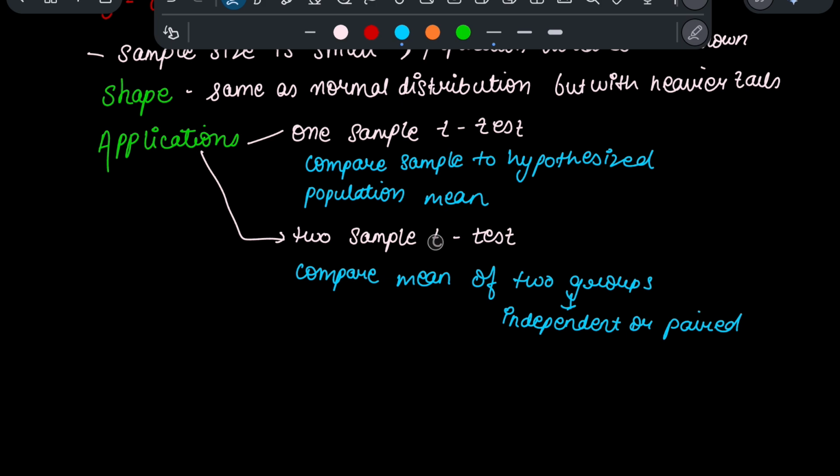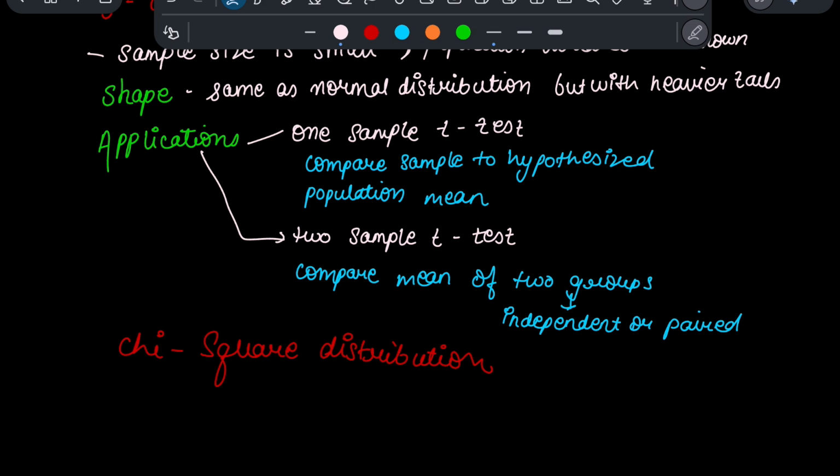Now, talking about the chi-square distribution. The use case is testing hypotheses about the variance, testing the independence of categorical variables, and also the goodness of fit test.